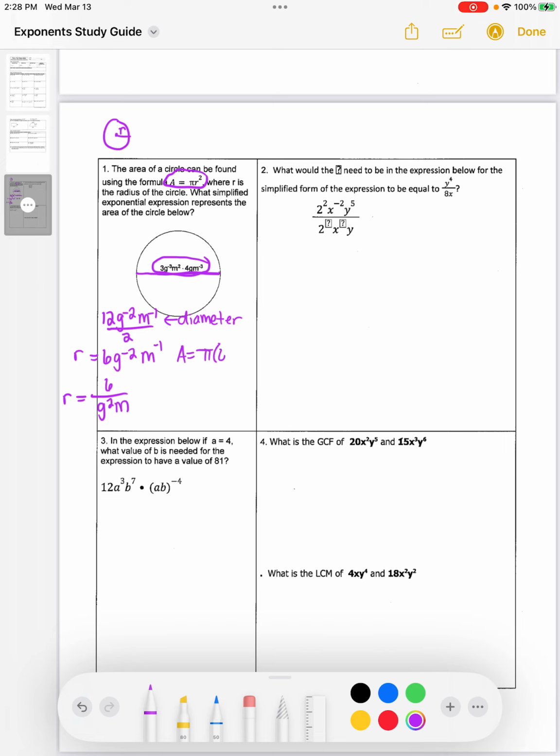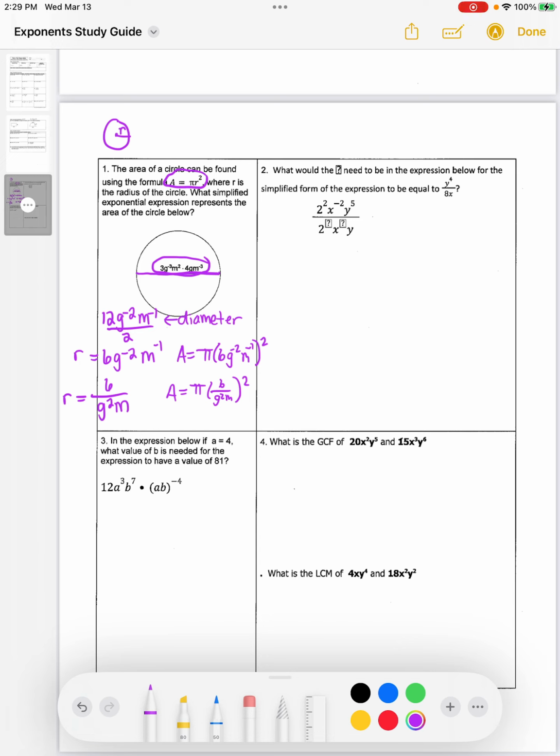So if you're using this as your radius, 6g to the negative second, m to the negative first, your setup would be like that. If you're using this as your radius, it would be pi times 6 over g squared m to the second power like that. And either way, you would get the same answer.